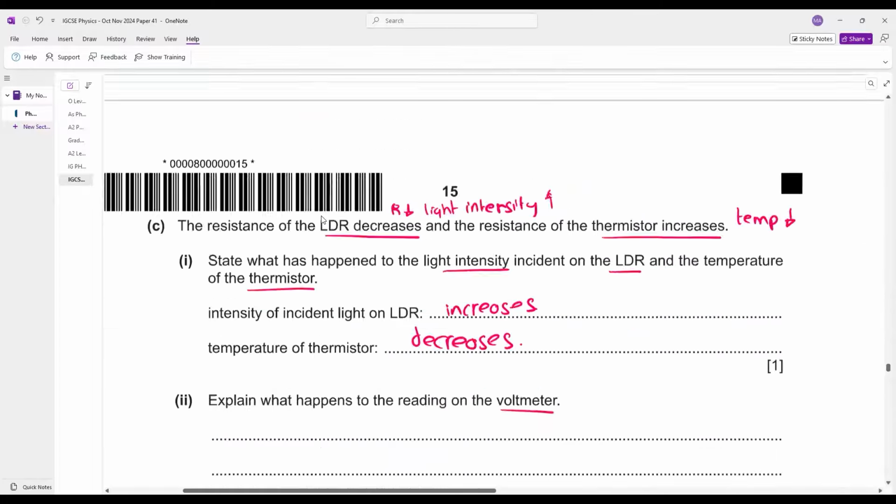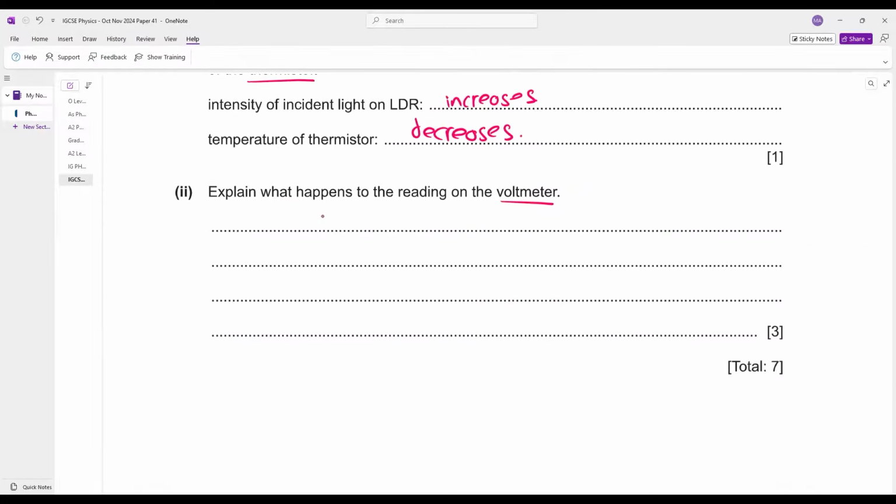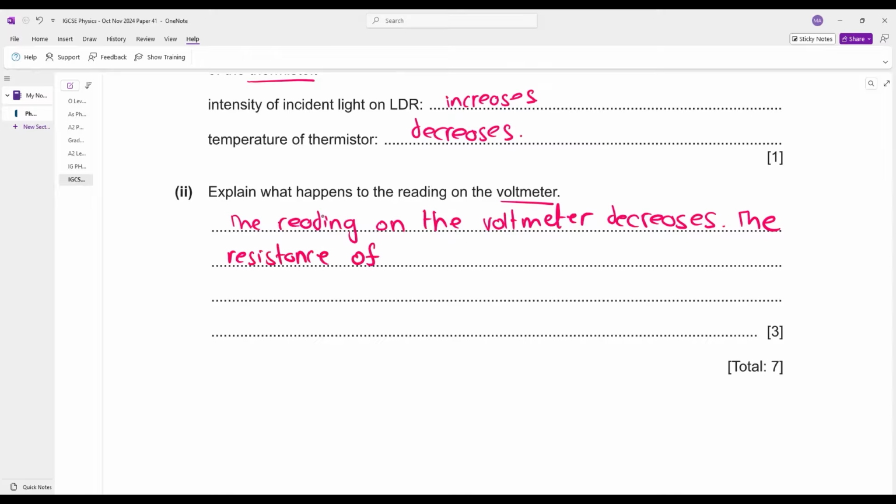So let's write it. You can first of all say what happens to the reading on the voltmeter. The reading on the voltmeter decreases. Why? क्यों होगा ऐसा? Because you will say the resistance of LDR decreases.